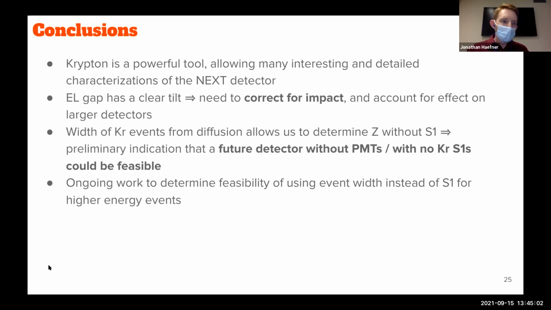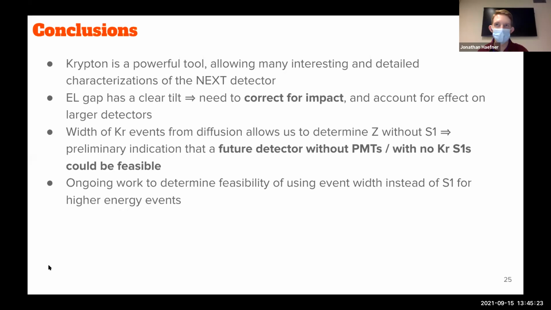Yeah, I'm not super sure. Everything that we have has been exclusively gas, so I'm not so familiar with what the diffusion looks like in liquid. I can say that the width squared being proportional to Z holds very, very well in gas.